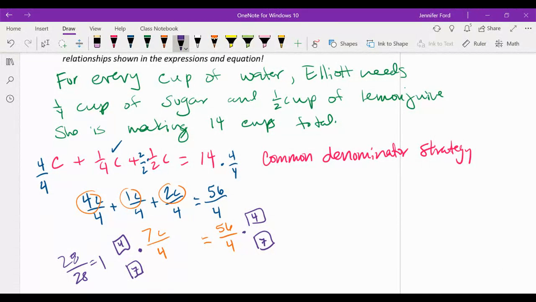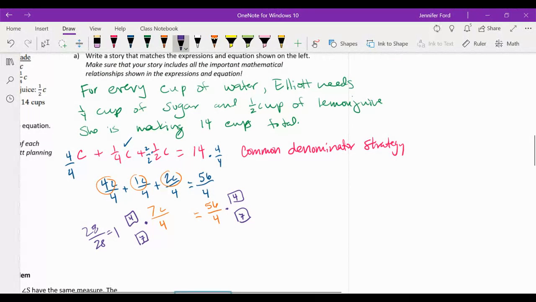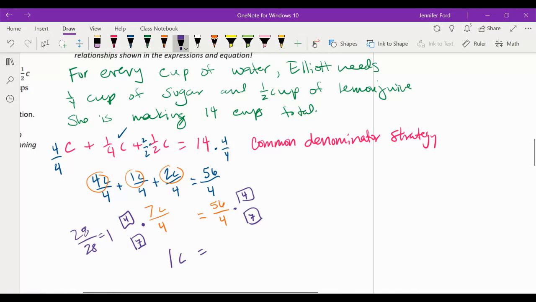So that's going to give me 1C on the left-hand side. So this is going to be 1C equals. And then over here, 4 and 4, that's just going to be 1 and 1. And then 56 divided by 7 gives me 8. So 1C equals 8.